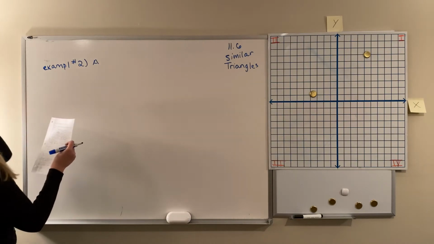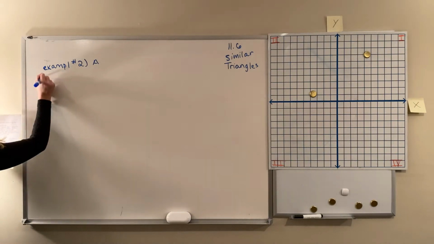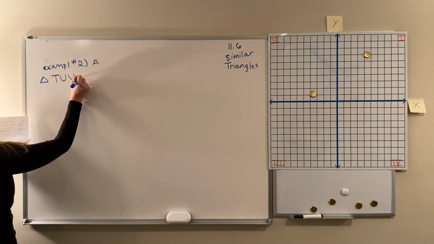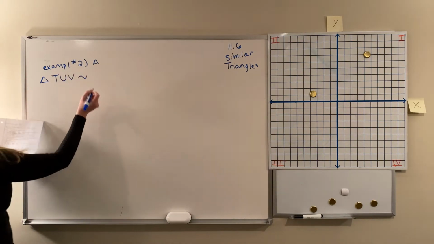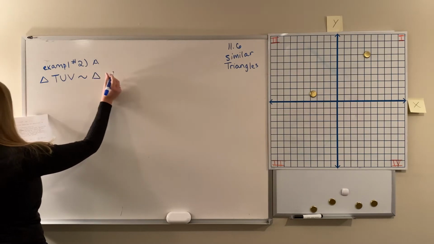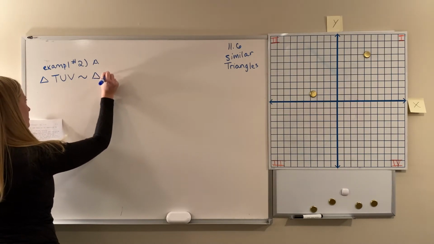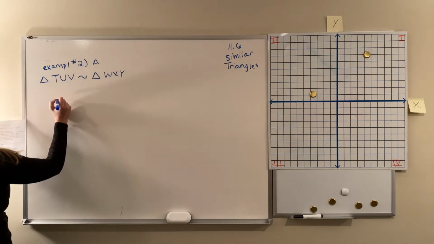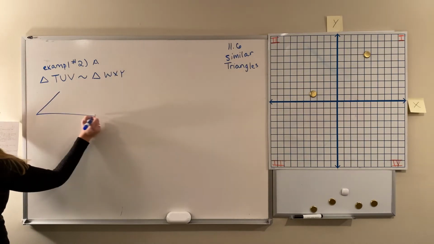Alright, and they give us two triangles. They give us triangle TUV and tell us it's similar to triangle WXY. And now I'm going to go ahead and draw out my triangles.